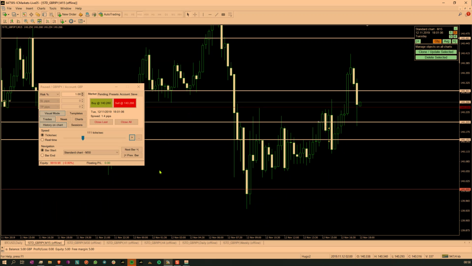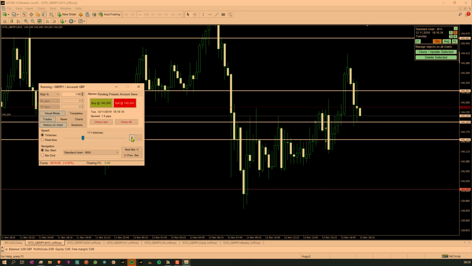Let's see the M15. I need a bullish close in the M15. Not that bullish. Something else. Okay. Bearish close. And again, we are running out of time.